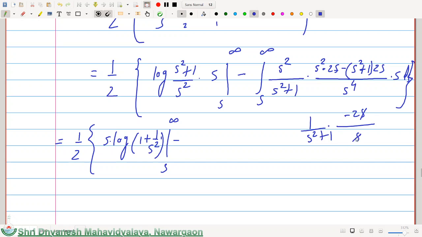So this s and this s again get cancelled, and minus 2 upon s square plus 1 remains. We take minus 2 out of the integration sign, so this will be plus 2 integration s to infinity 1 upon s square plus 1 ds. Hope these calculations are clear to you.